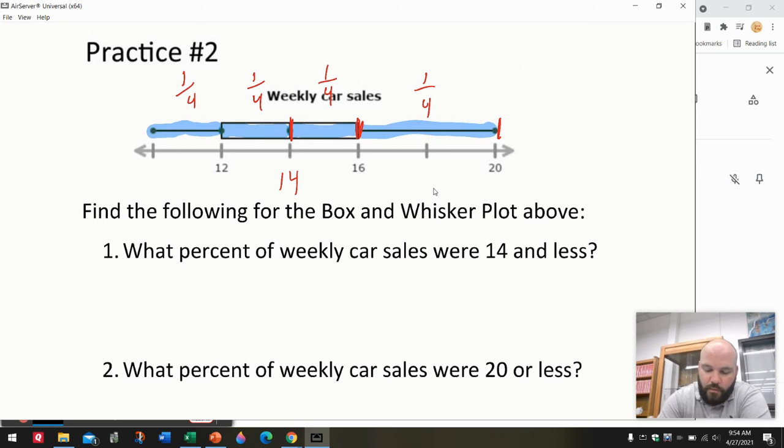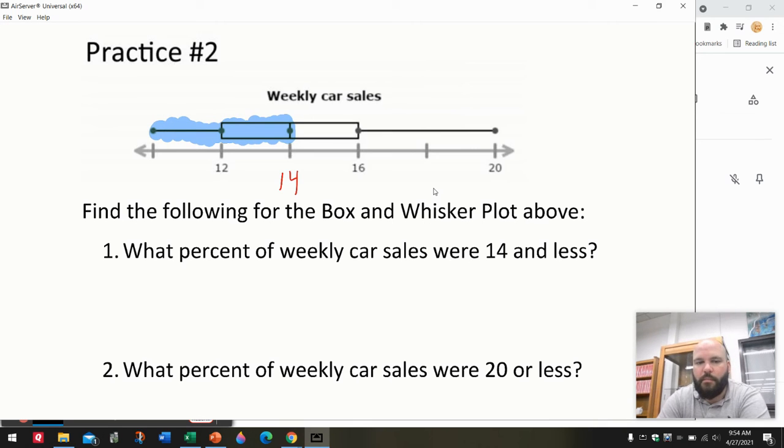And so what they're asking us for in this first problem is what percent of weekly car sales were 14 and less. So when they refer to that, they're talking about this much and this.